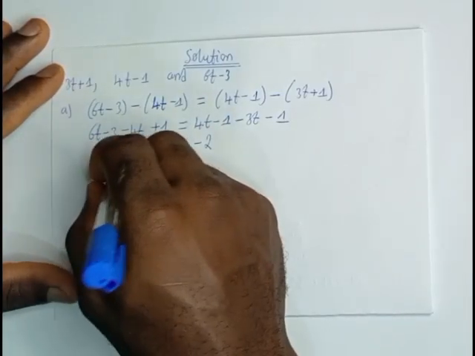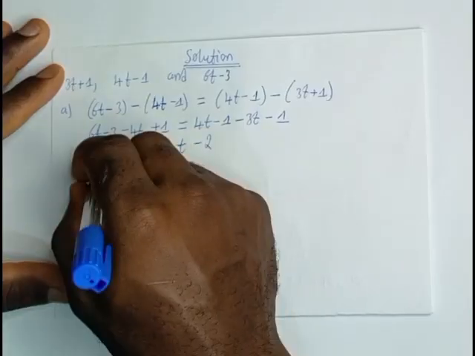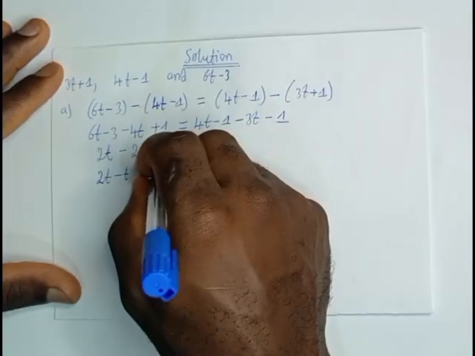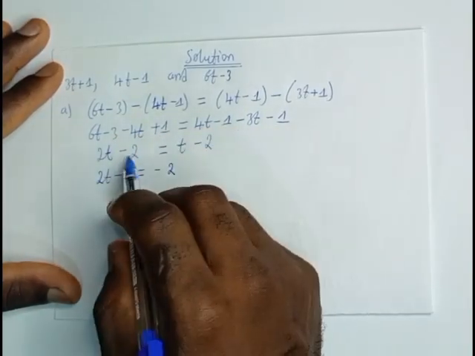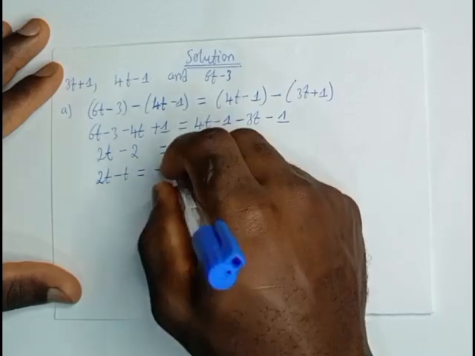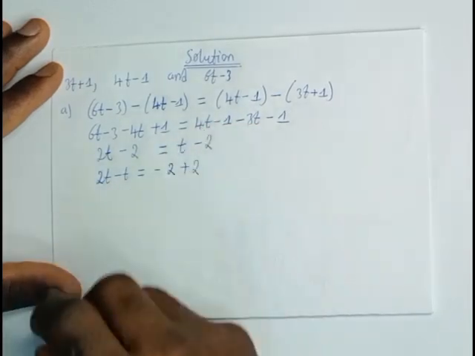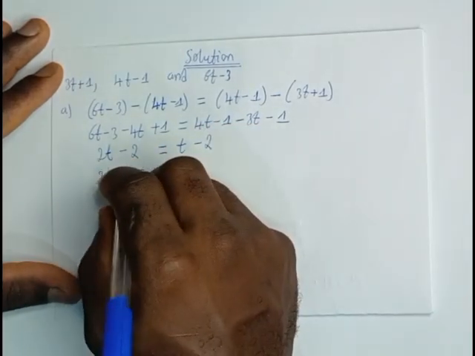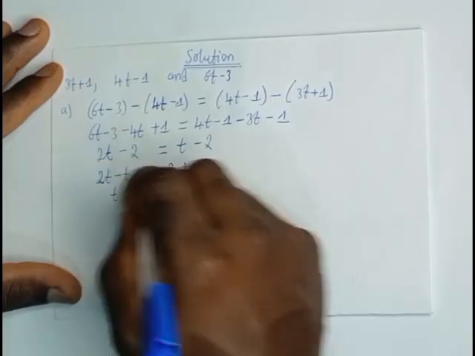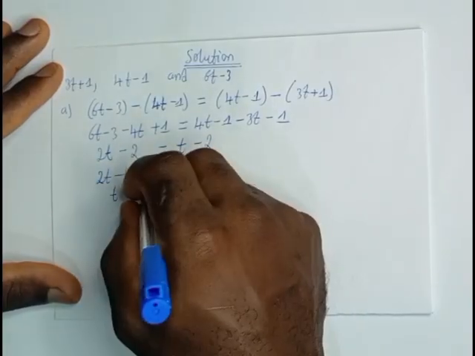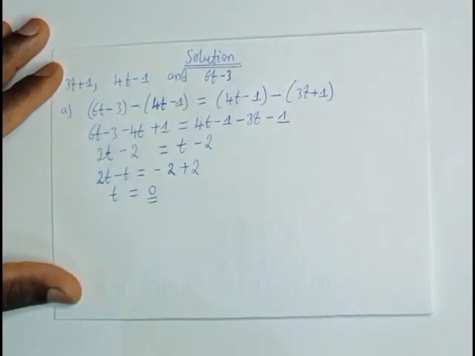This will give us 2t minus t is equal to negative 2. We are going to transfer negative 2 to the right hand side. Negative 2 plus 2. This will give us 2t minus t gives us t to be equal to negative 2 plus 2, which is 0. Therefore, t is equal to 0.